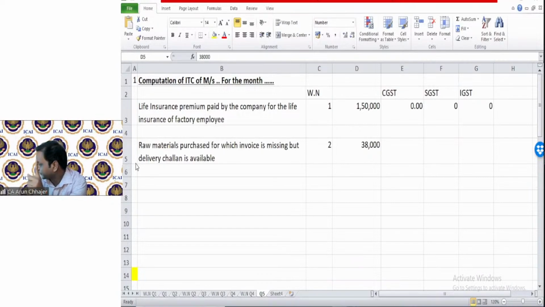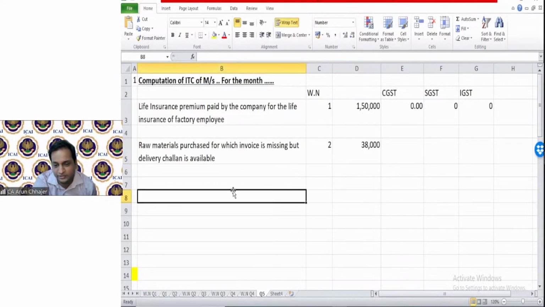Only one more document name on which I can take the ITC, because there would probably be no tax invoice available. The answer is bill of entry, for import of goods.